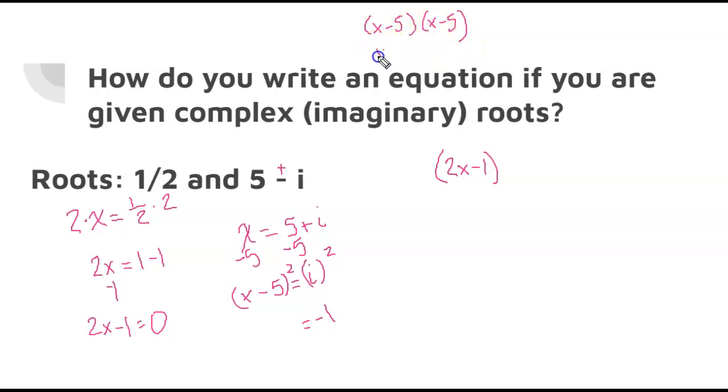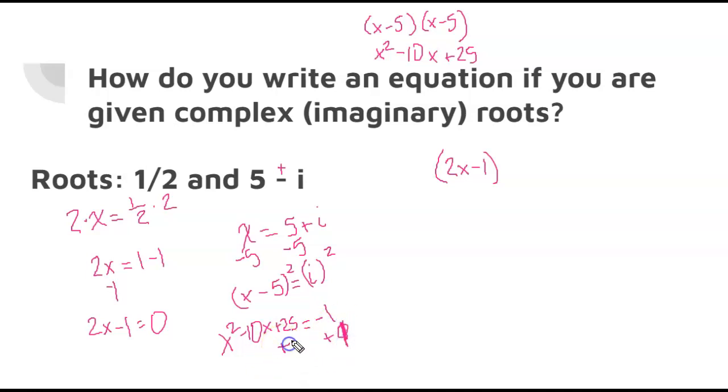x times x is x squared. I've got -5x and -5x, so that's going to be -10x. And -5 times -5 is +25. So that means I have x squared minus 10x plus 25 is equal to -1. Well, it's almost equal to 0 now. All I have to do is add the 1 to both sides.